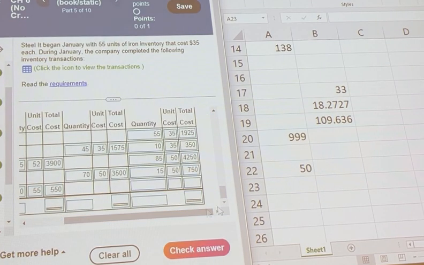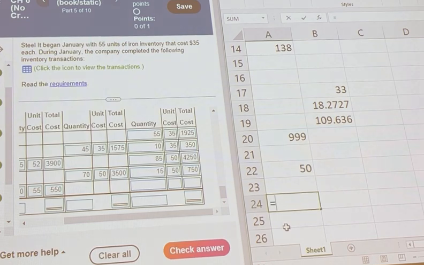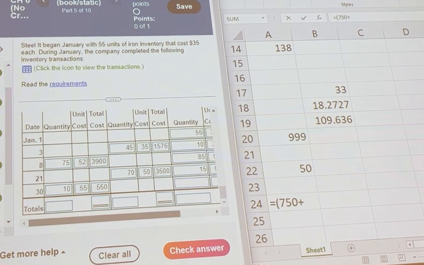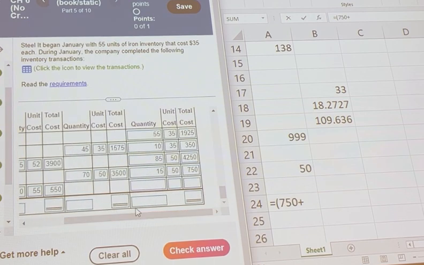So now our inventory was $750, plus we just purchased $550.